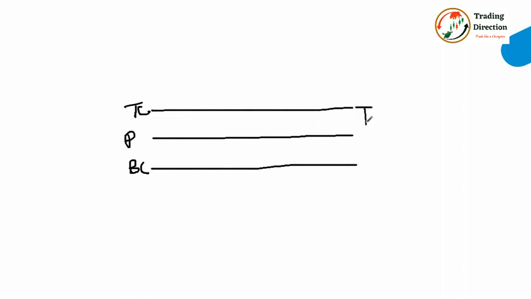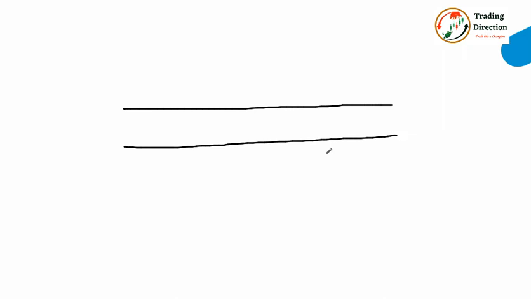The difference between TC and BC should be more than 200 points, then it will be considered as wide CPR. If it is 250, then it is very good. So 200 and above, or 250, it's excellent. So this is a wide CPR.